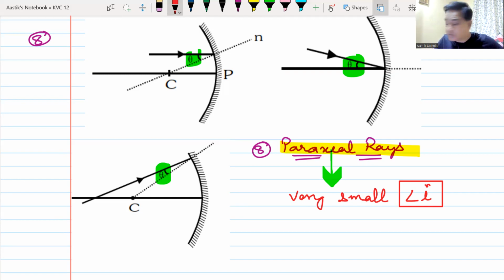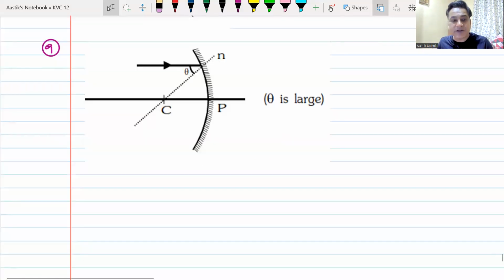I've seen a question of this nature come in a JEE Advanced paper. I don't remember the year. I will try to find out that question, and it makes somewhat of a difference. That is your point number 9, marginal rays.